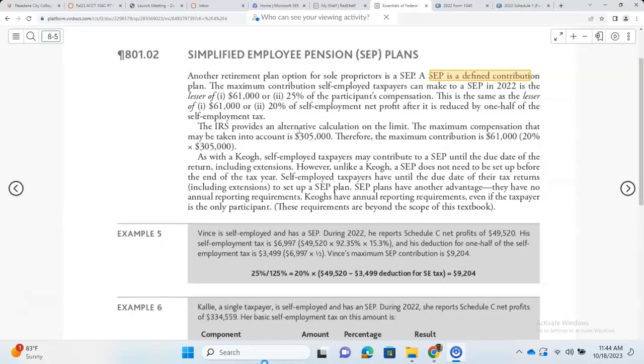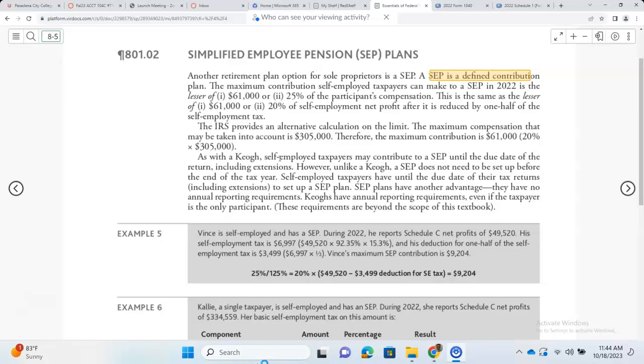So the IRS provides an alternative calculation on the limit. The maximum compensation that may be taken into account is $305,000. Therefore, the maximum contribution is $61,000, which is 20% of $305,000. So if you have more income than that, bottom line, you cannot contribute more than $61,000.